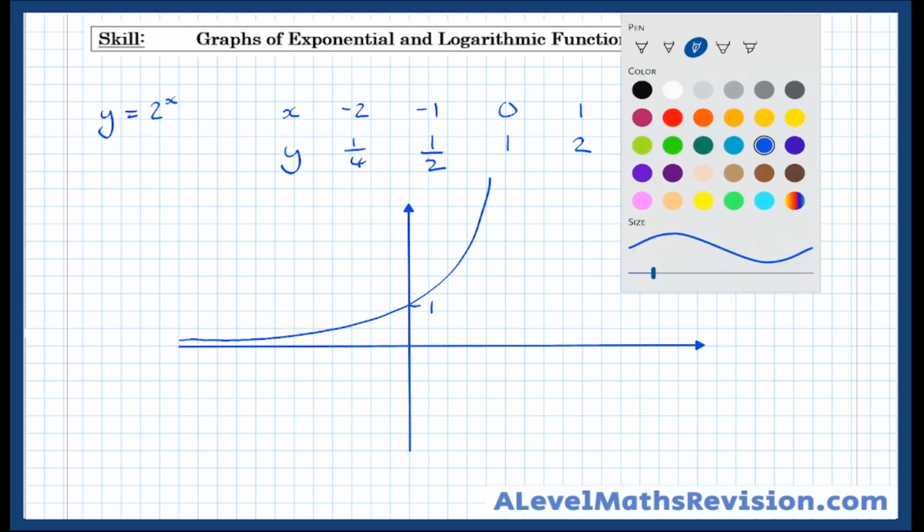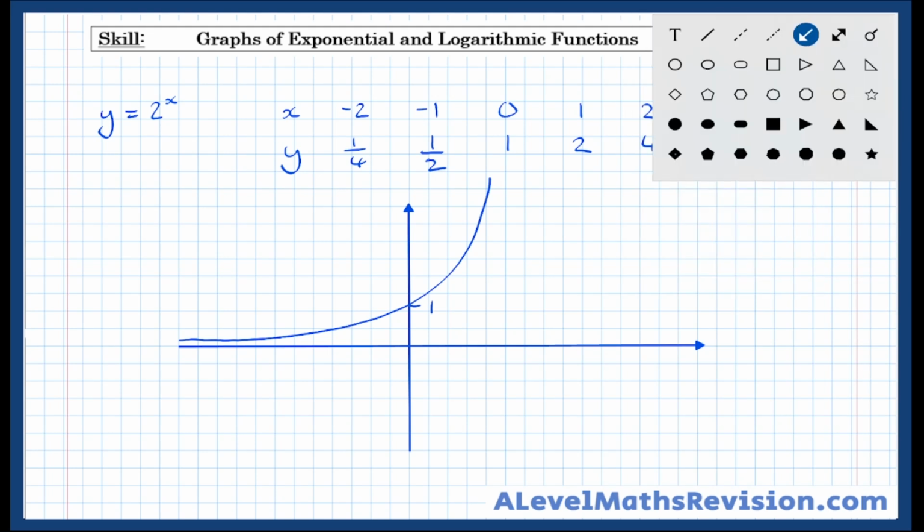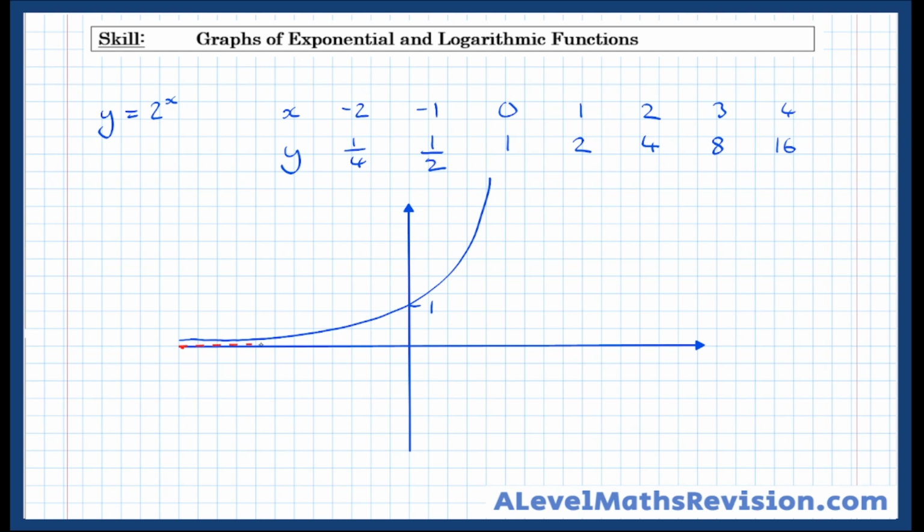And the x-axis here is an asymptote. So asymptote at y equals 0.